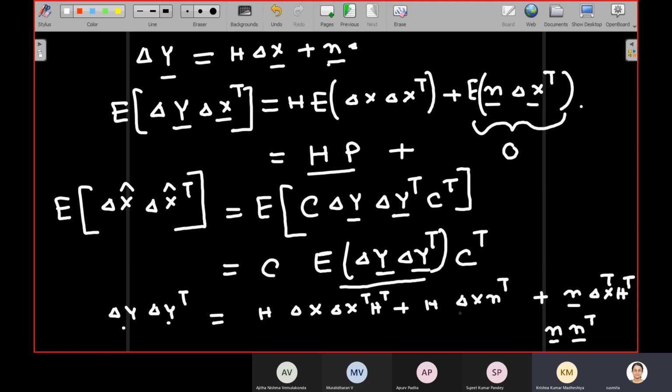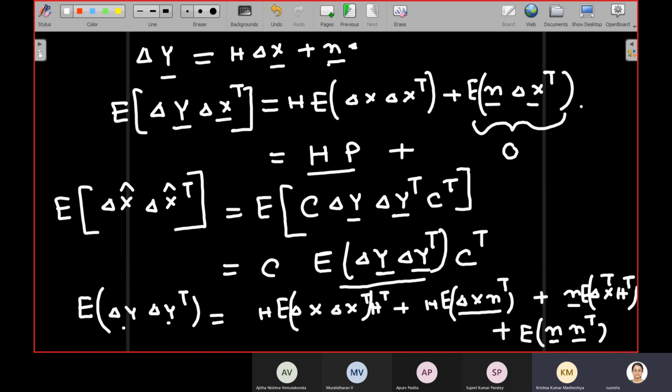Now notice carefully, let's write the expectation of this. Here also we have expectation. Second term is 0 from here. From here we can say that the second term is 0.